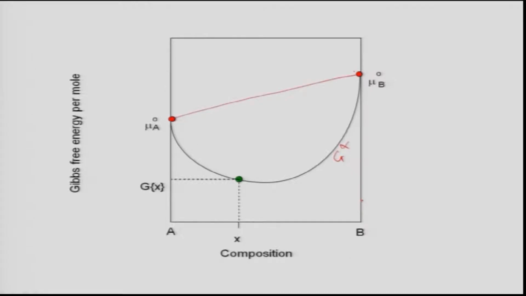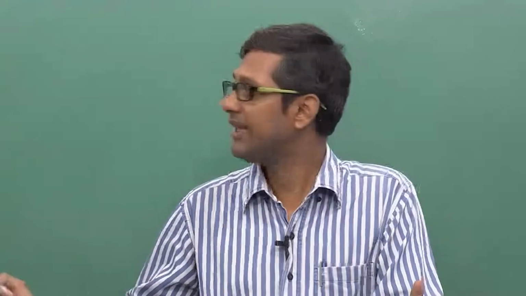So at any composition X, the free energy change because of atomic mixing is given by this value, correct. The total free energy is given by, we are drawing a dotted line and marking it as G of X. And as I mentioned, we always try to use the symbol mu for the pure components instead of GA0.